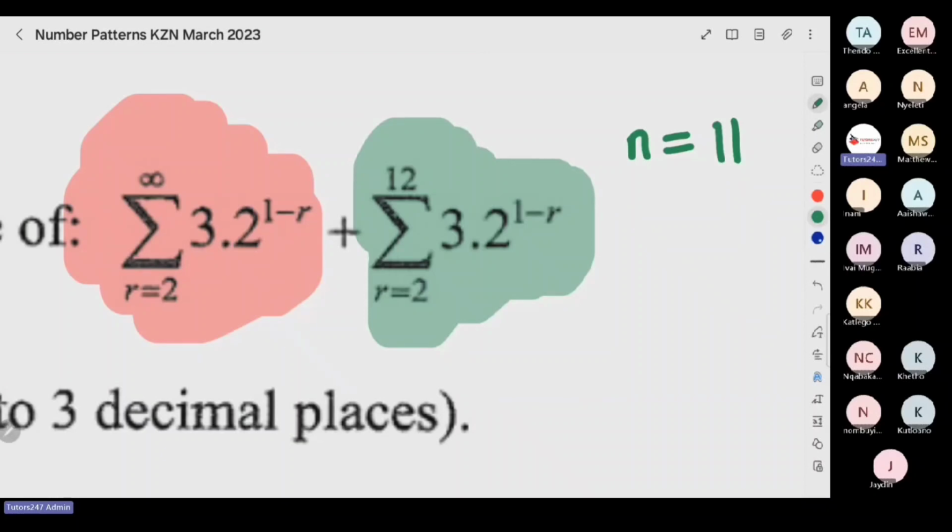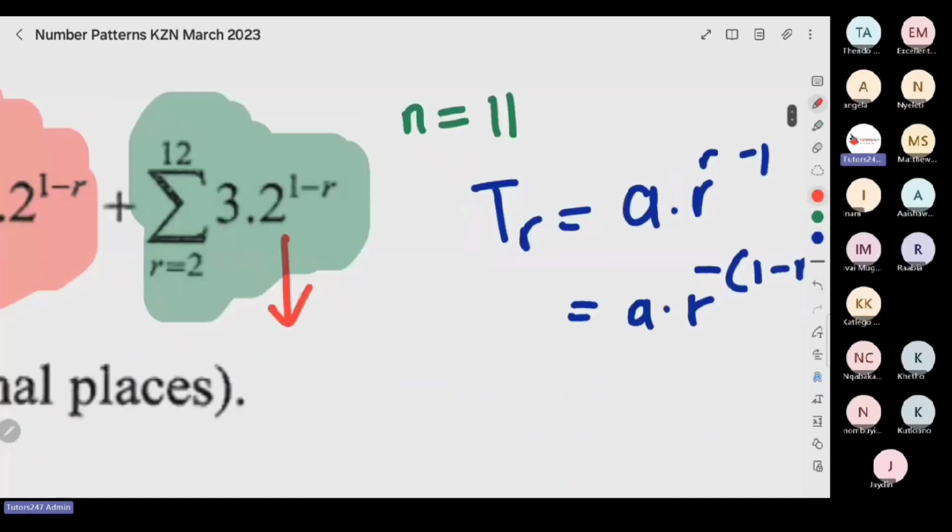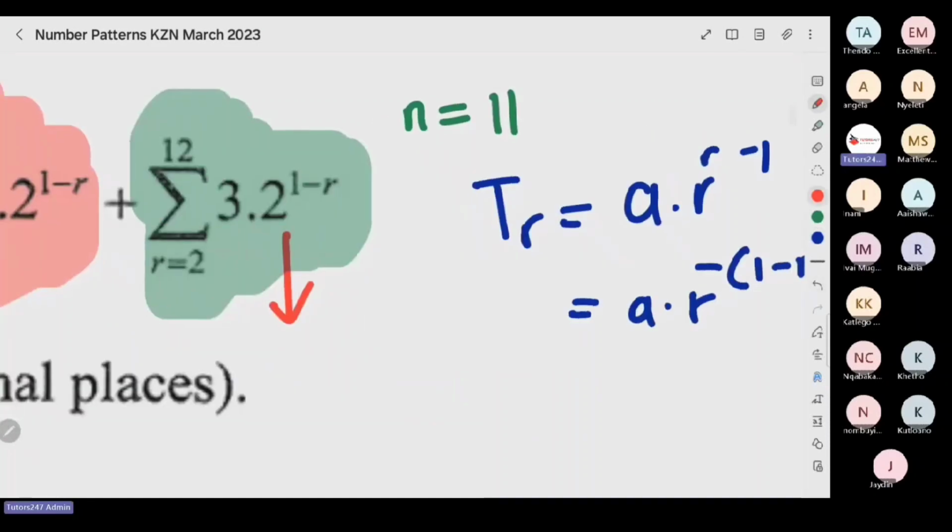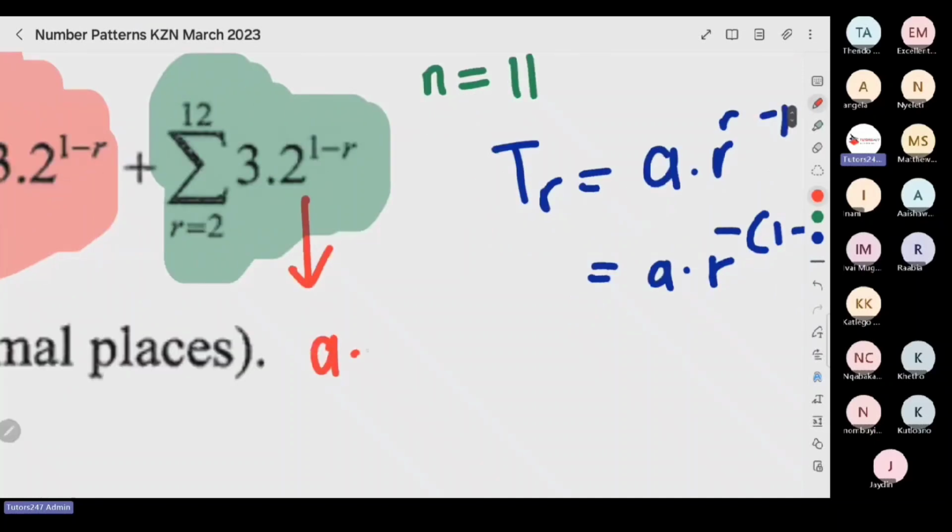From here, we need to find our value of A and we need to find our value of R, right? On a side note, you can even find your value of R straight from here. Please take note that R is not 2, but if you know how to use algebra, you'll be able to find R. If you want to use what is given in the sigma, just try and get it in the form that it's supposed to be in, n minus 1.